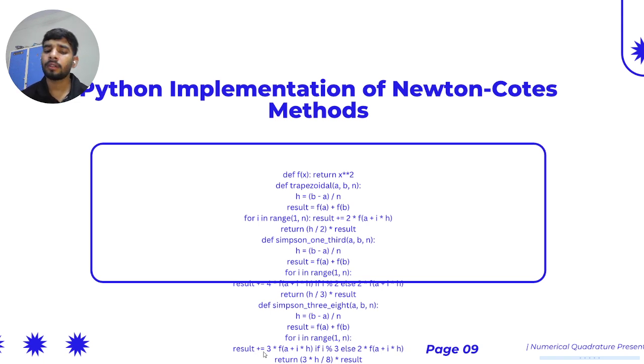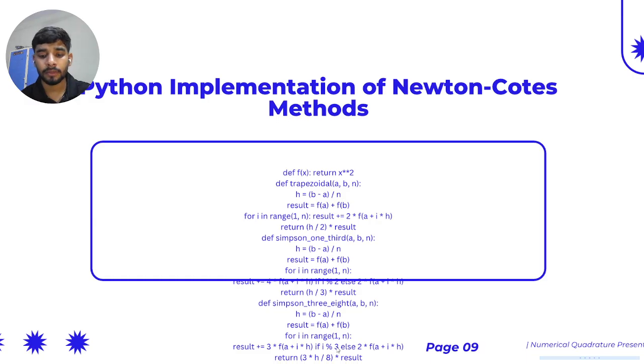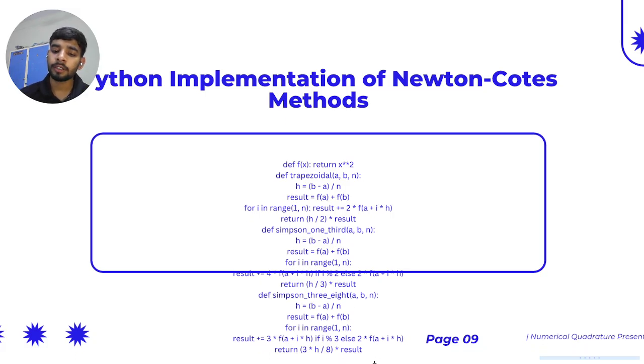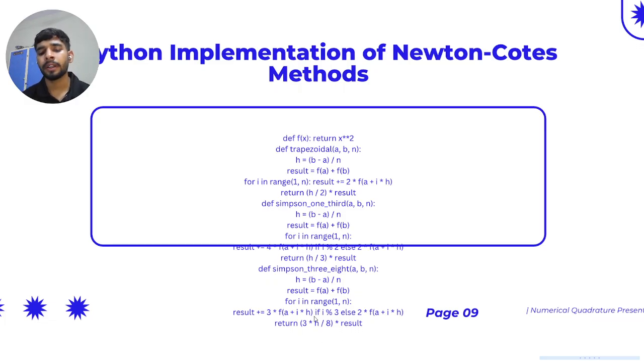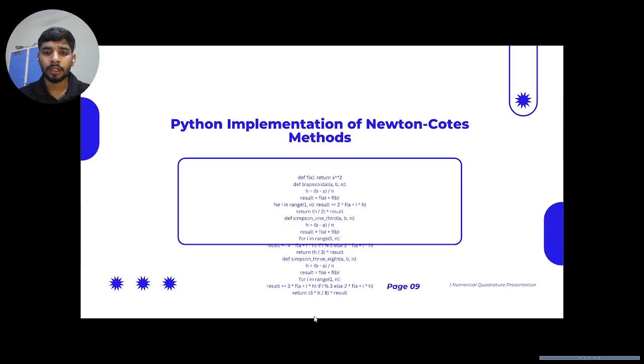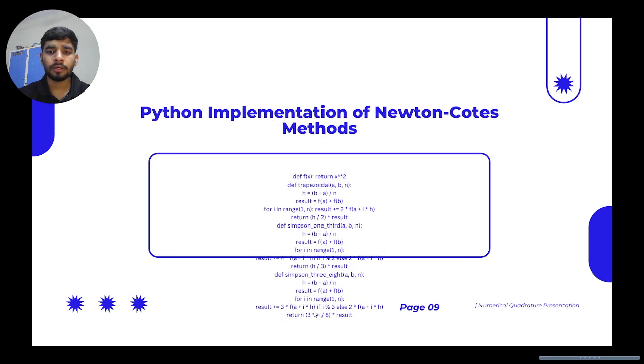Here result plus equals 3 into f(a plus i h) if i is not divisible by 3. Otherwise, the ones divisible by 3 get multiplied by 2, and we return 3 into h by 8 into result. So here is the Python implementation for all three methods.